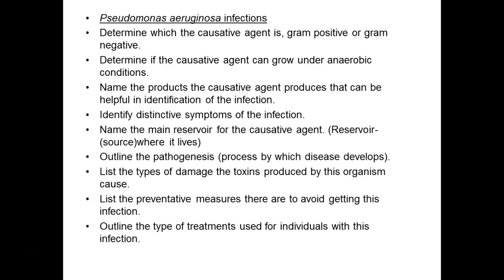So we'll ask questions like anaerobic environment, which especially makes sense with wounds, right? With wound care, we want to know if we do have this organism, is it going to grow if we have an anaerobic environment and we have that type of wound?